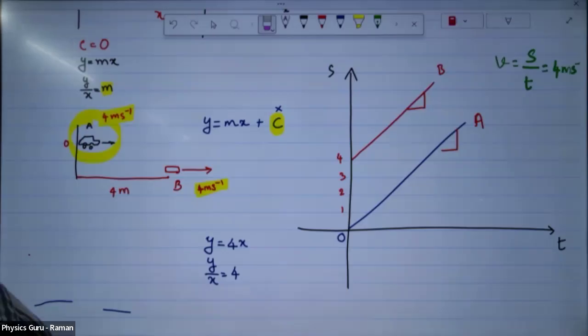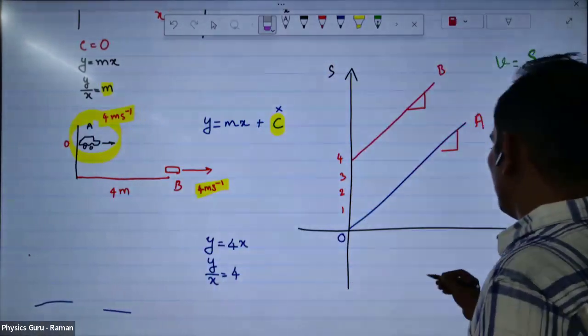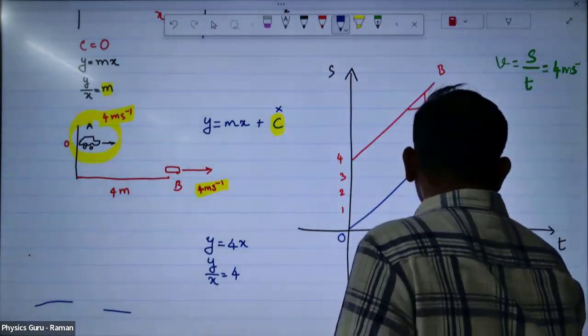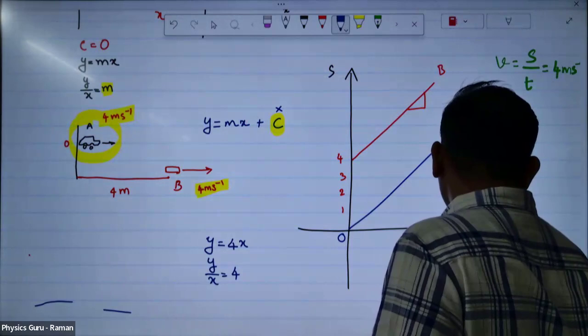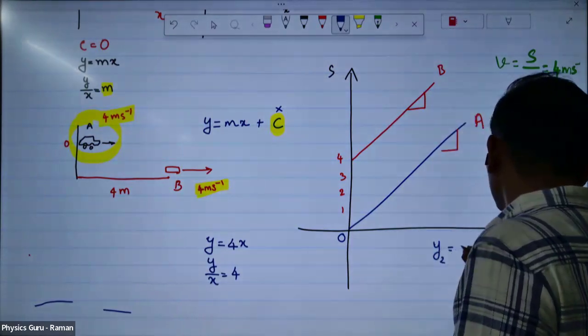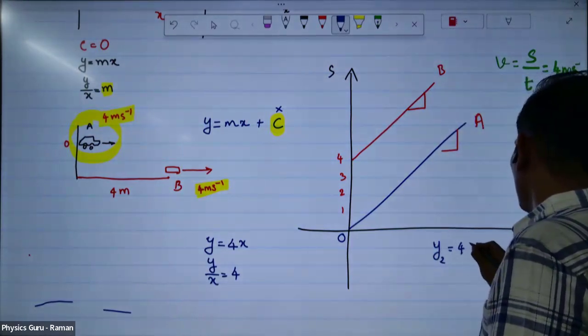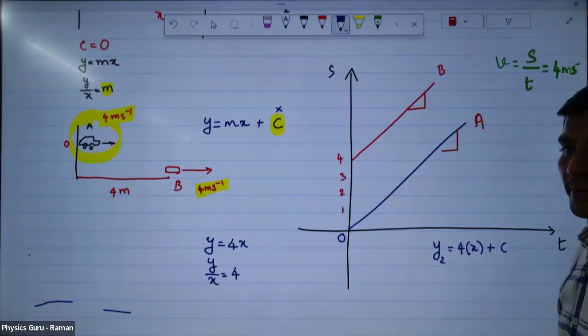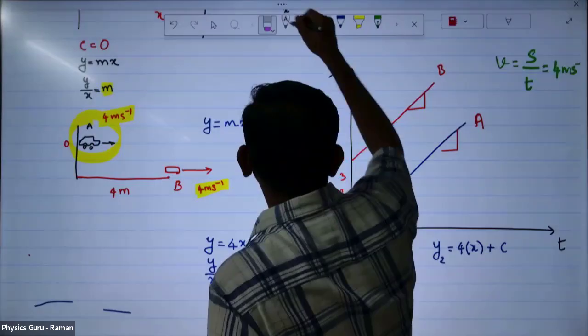Let's write: for the second person, displacement y2 is equal to m, which is 4, times x, we don't know the x, plus c. C is equal to 4, correct? Yes, c is equal to 4. You can take that too.